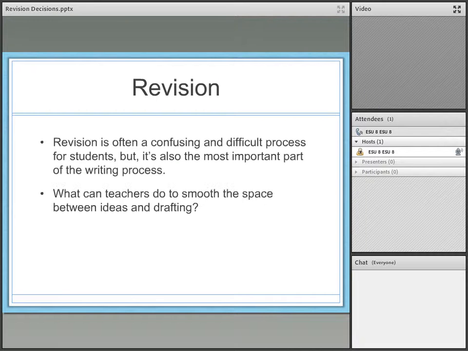So the question always is, what can teachers do to smooth the pace between the ideas that students have and the drafting that they do? I'm going to share a few ideas with you today about what teachers can do to smooth the pace.